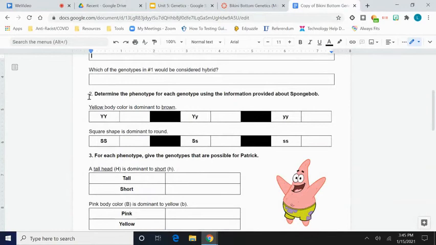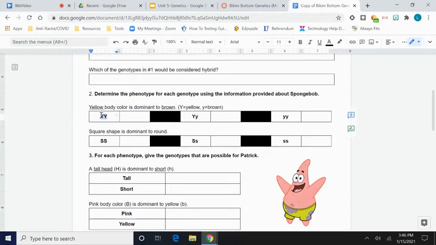For number 2, you're going to determine the phenotype for each genotype using the information. So here we have 3 genotypes. We have homozygous dominant, heterozygous, and homozygous recessive. And here it tells you that the yellow body color is dominant to brown. So it's almost like it tells us that the dominant allele is yellow and the recessive is brown.